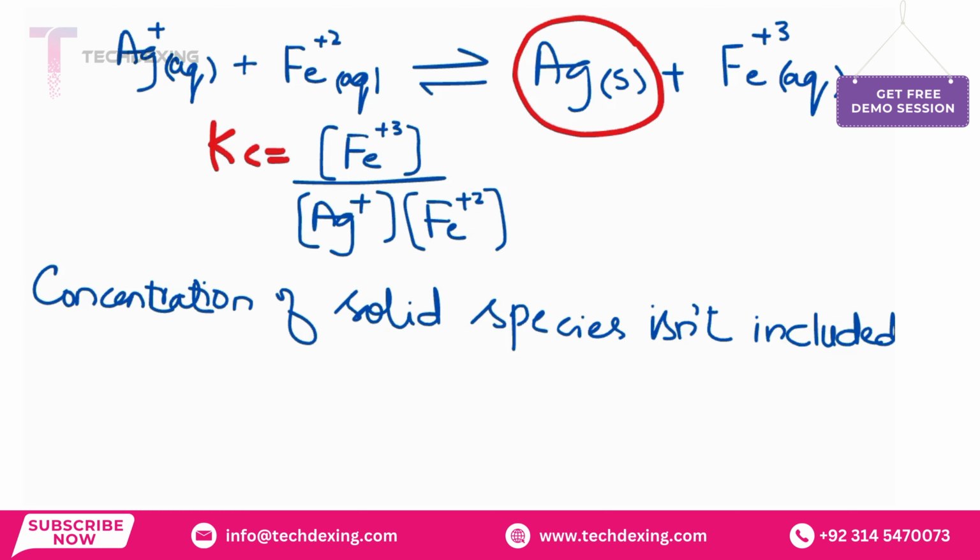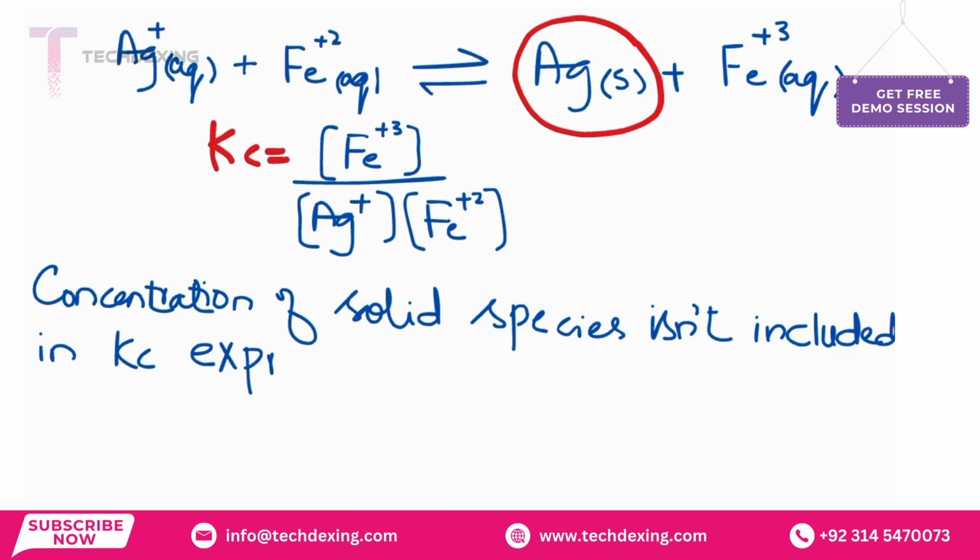Okay, but I am just using this word in order to indicate any substance, right? Any reactant or product that is solid is not included in the Kc expression. So if you get any solid substance, whether it's the reactant or the product, you would not include its concentration in the Kc expression.